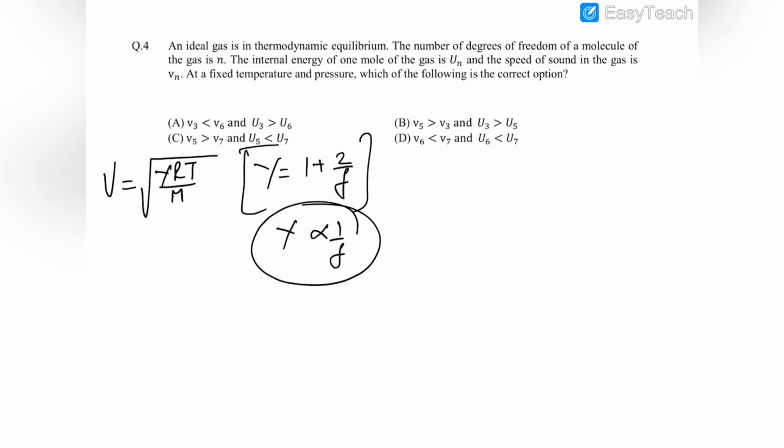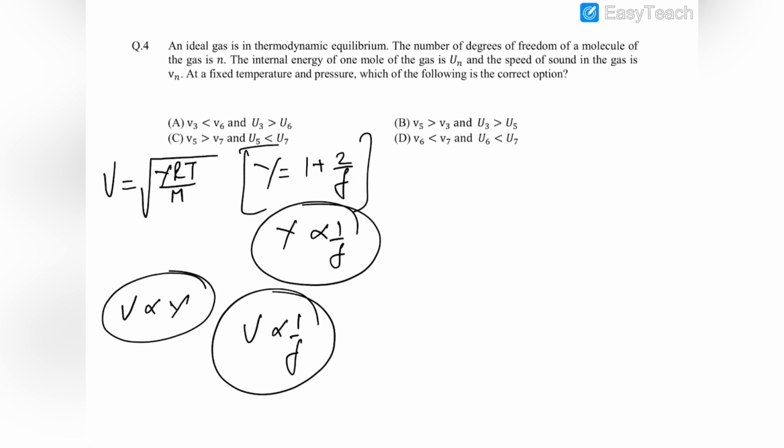Now we know that velocity is also directly proportional to gamma. Since gamma is inversely proportional to f, velocity is inversely proportional to f. So the velocity of the higher degree of freedom would be lower. So options A, B and D are incorrect, and therefore the correct option is only option C.